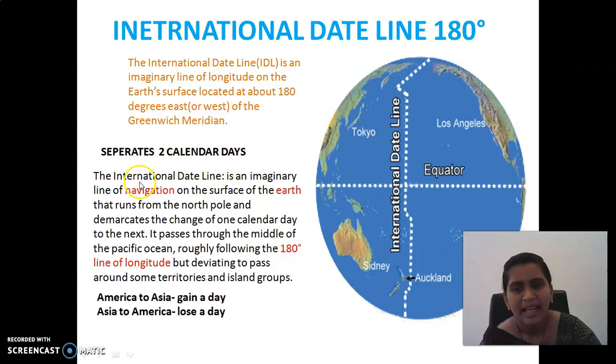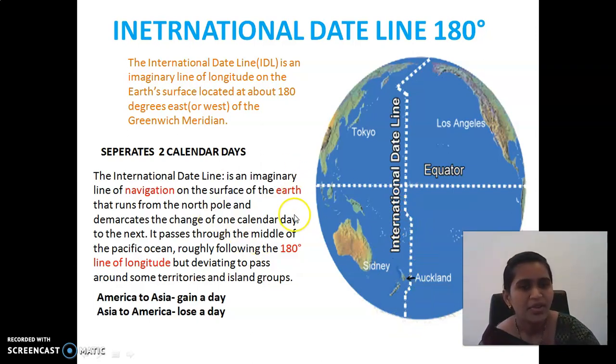It is an imaginary line on the surface of Earth that runs from the North Pole and demarcates the change from one calendar day to the next. It passes through the middle of the Pacific Ocean, roughly following the 180 degree line of longitude, but deviating to pass around some territories and island groups. It has some small deviations to pass around some islands and territories.